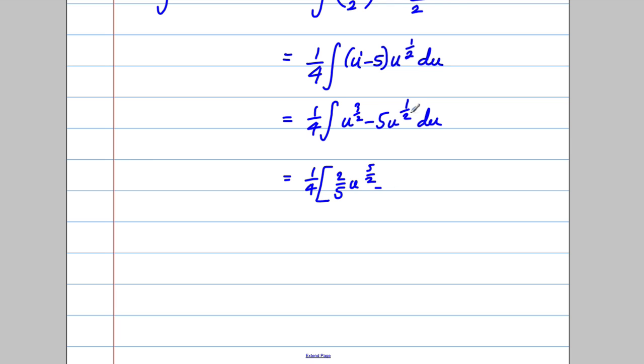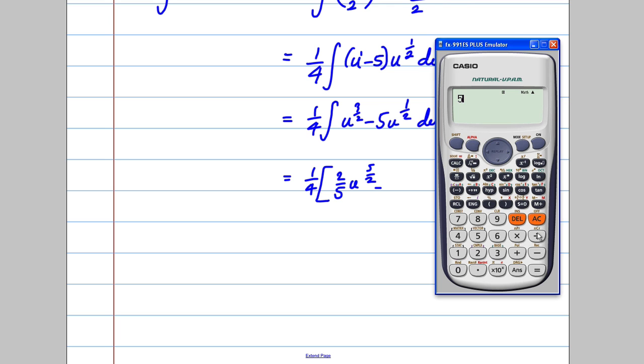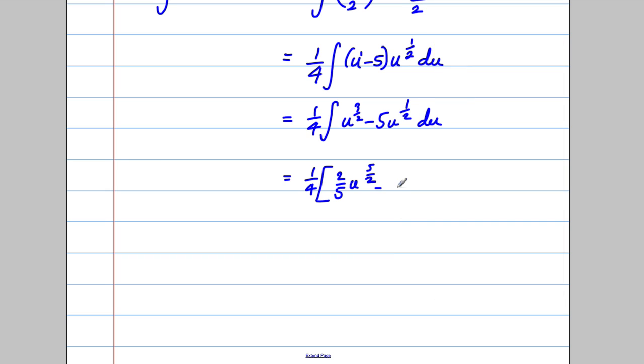Take away, add 1 to the power and divide, so it would be 5 divided by 3 over 2, so 5 divided by 3 over 2, we get 10 over 3, so this would be subtract 10 over 3 u to the power of 3 over 2 plus your constant. Okay, so tidying that up, that would be a quarter times 2/5 would be equal to a 10th u to the power of 5 over 2.